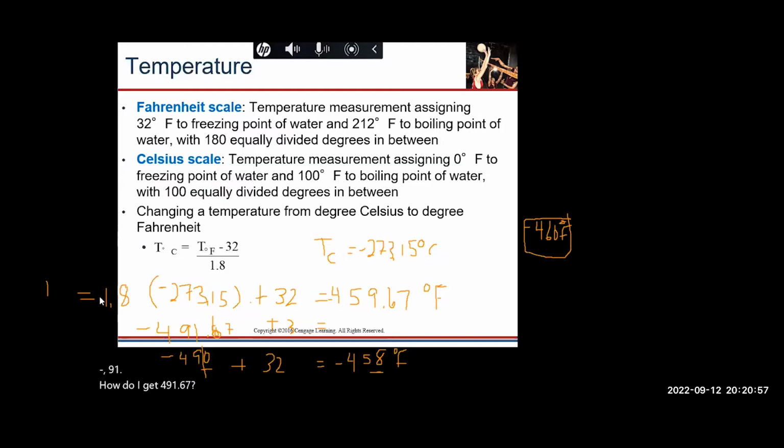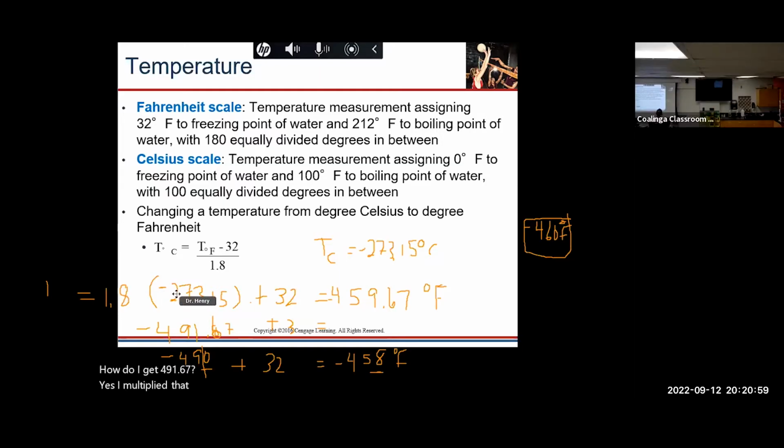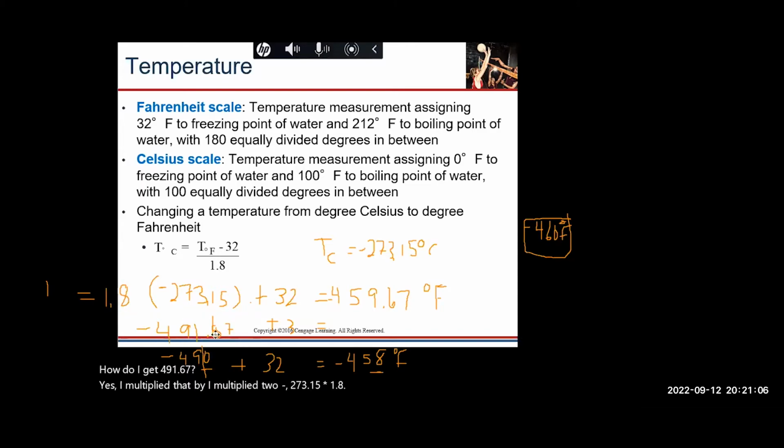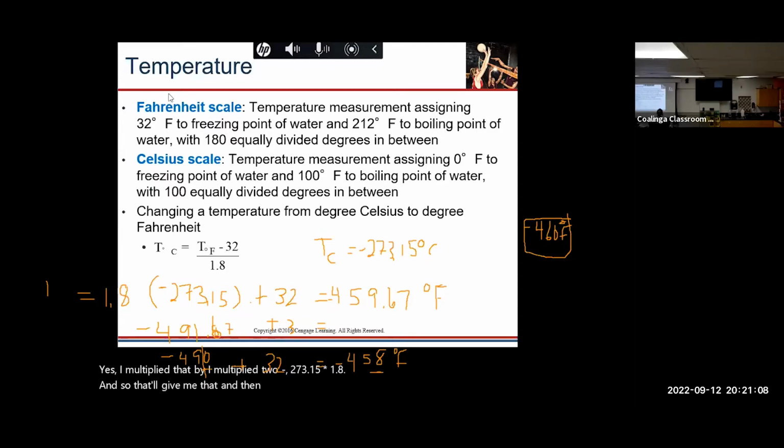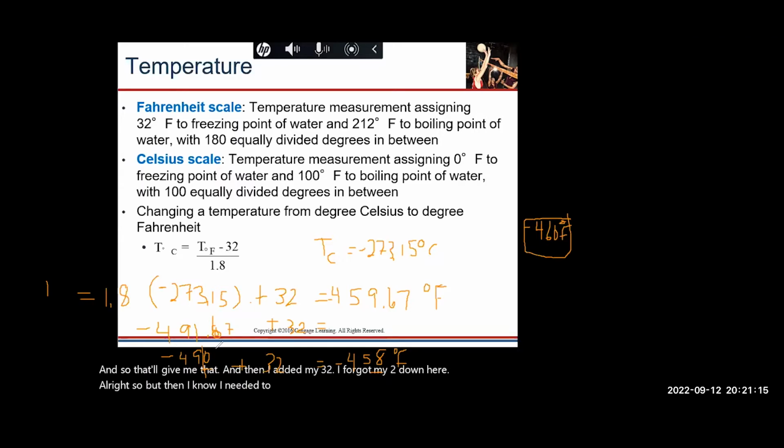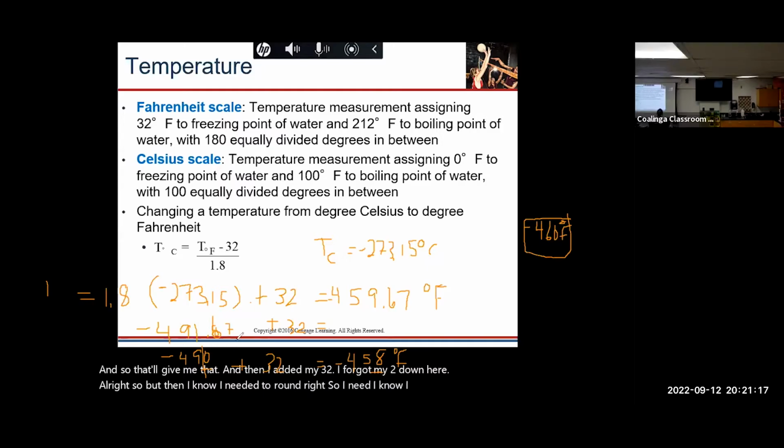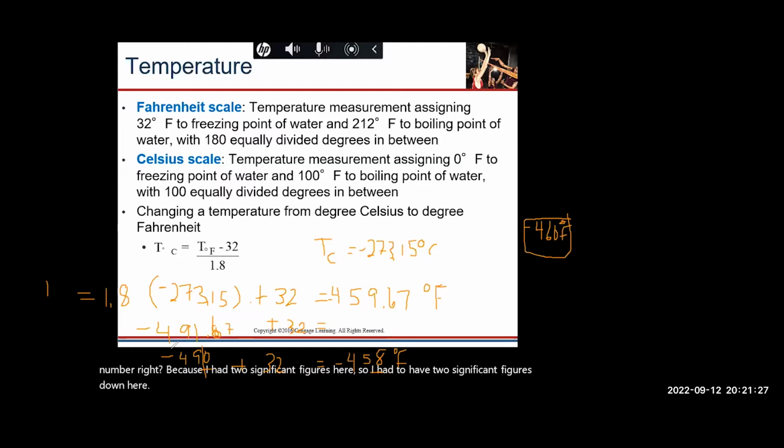I multiplied negative 273.15 times 1.8, and then I added my 32. But then I knew I needed to round this number, because I had two significant figures here, so I had to have two significant figures down here.